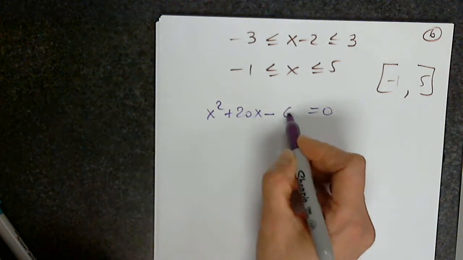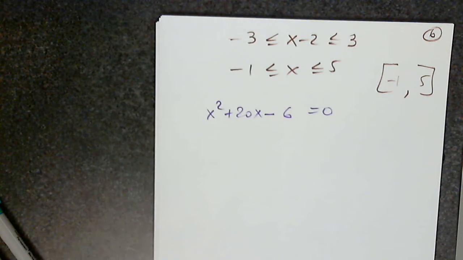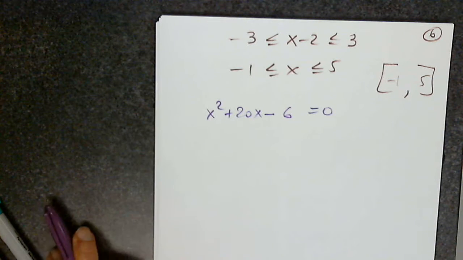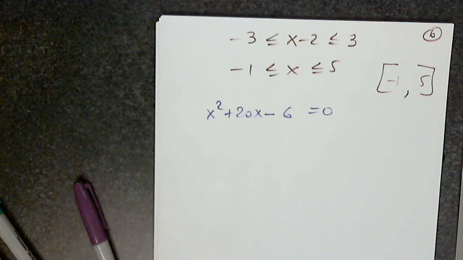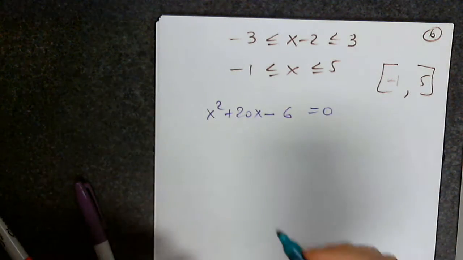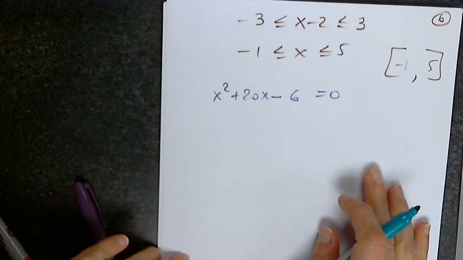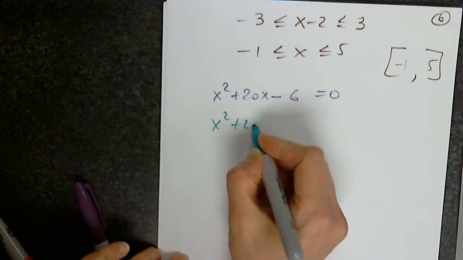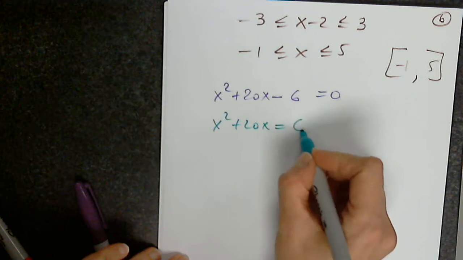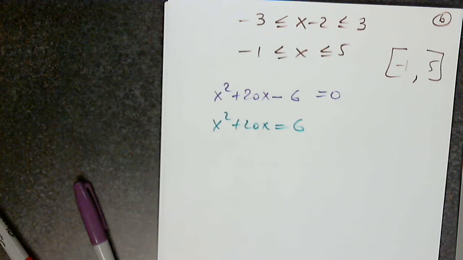Minus 6? Awesome. Very good. We want to complete the square. The question is asking us to solve the equation by completing the square. The procedure, it's again a 4-step procedure. Number 1, what do I need to do? You want to add 6 to both sides? Okay. But I was talking about the procedure, but that's fine. You want to do that first? It's okay.